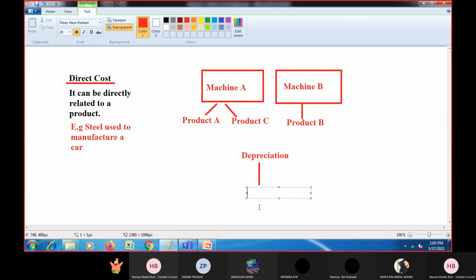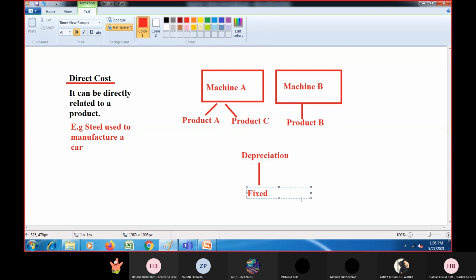Why? Because it has nothing to do with the output. Either you produce or not, if the machine is lying idle, obviously it will get old with the passage of time. And even if you are using it, you need to replace old parts with new ones. Maintenance is required again because the machine is depreciating.